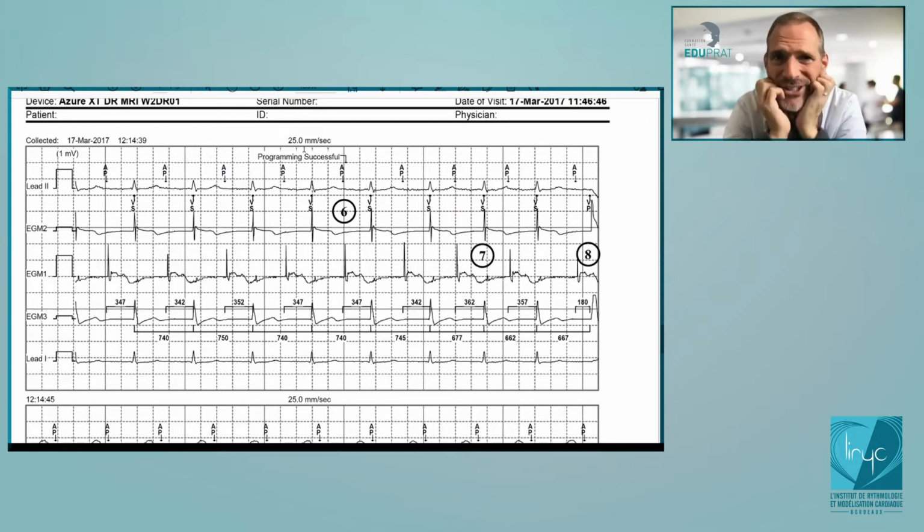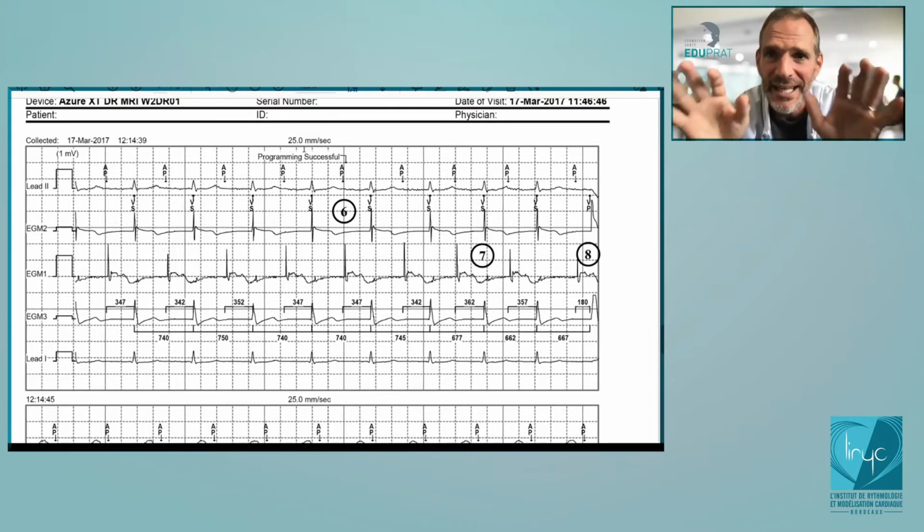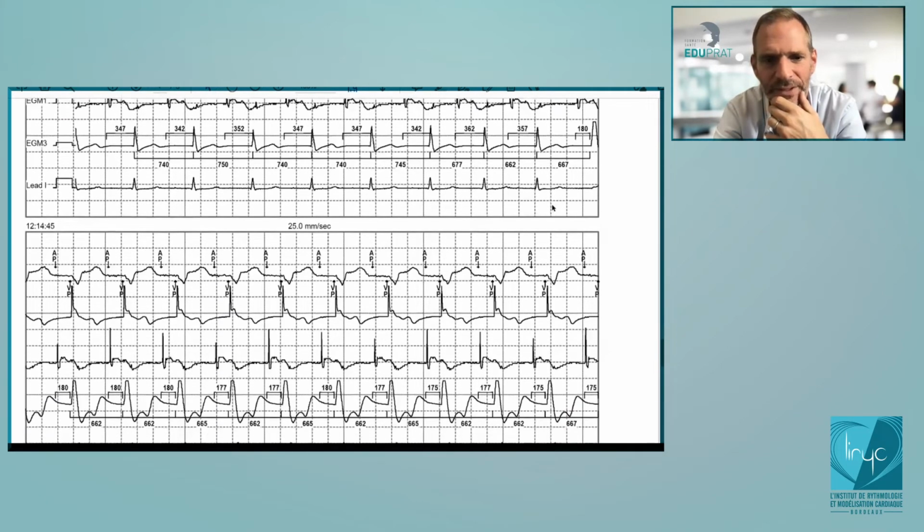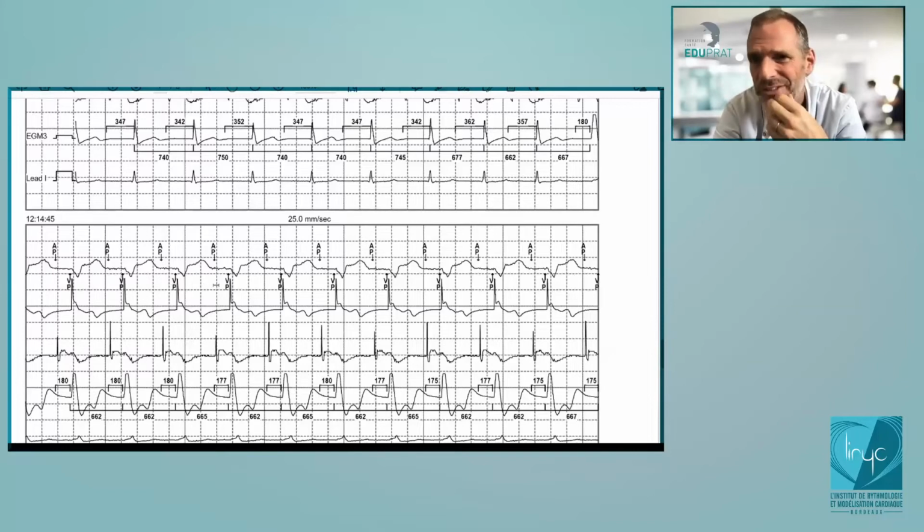For example, in this patient, I have programmed a value of 350 milliseconds. And if the PR is more or at the level of 350, it will automatically switch to DDD. And that's the case here. You see here, long PR interval, and then here, it will switch automatically to DDD because of this long PR interval. So that's now a possibility.